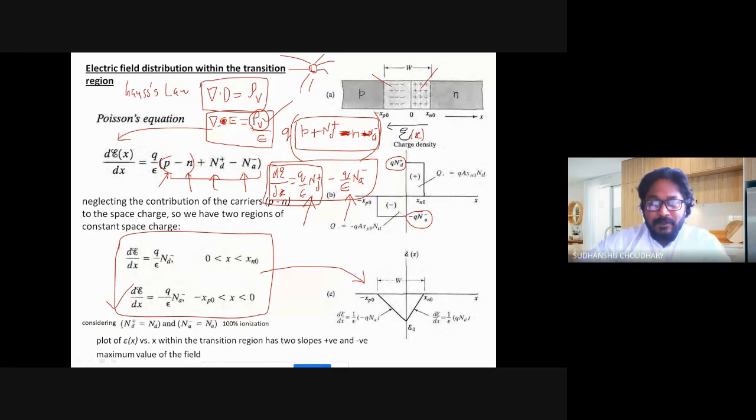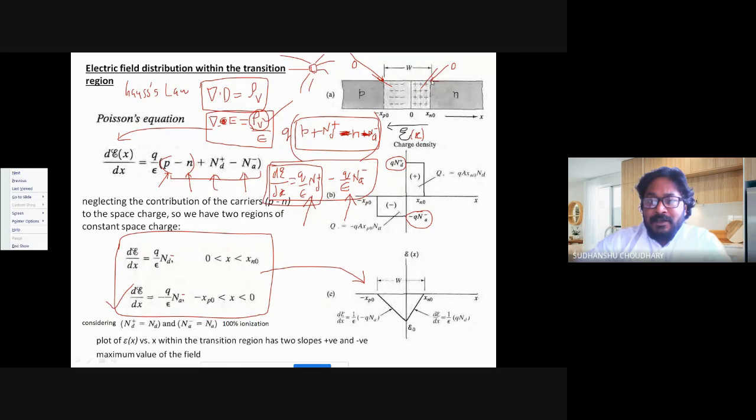Before plotting this, let us also understand that since the electric field originates at this point, the electric field is essentially 0 at this point, and the electric field terminates at this point, so here also the electric field should be 0. Electric field always originates at the positive charges and terminates at the negative charges.